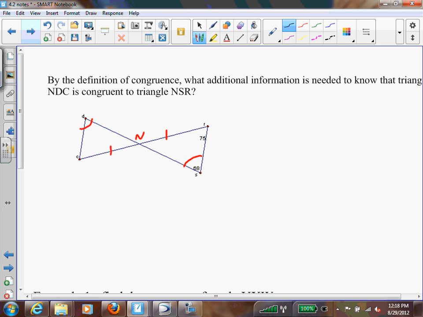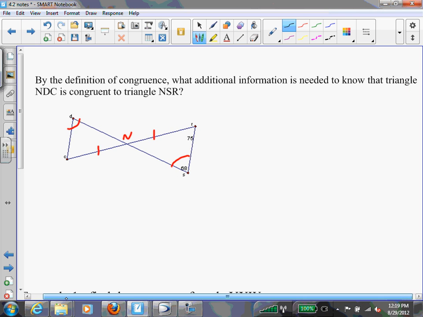Okay. Here we go. By the definition of congruence, what additional information is needed to know that triangle NDC is congruent to triangle NSR?